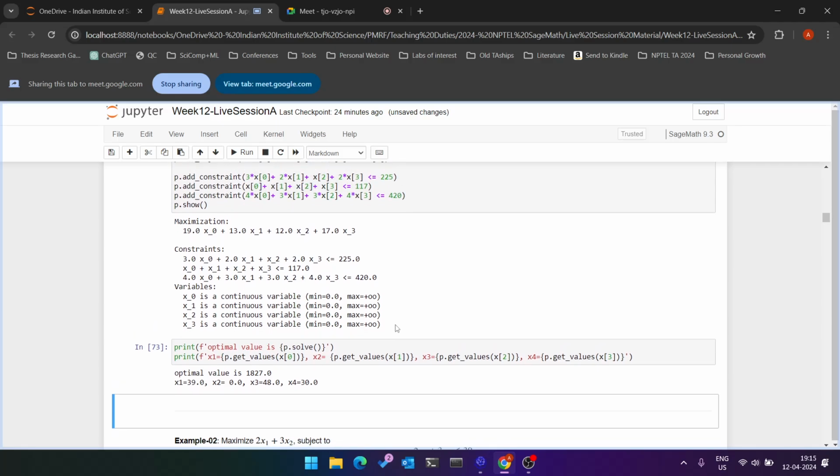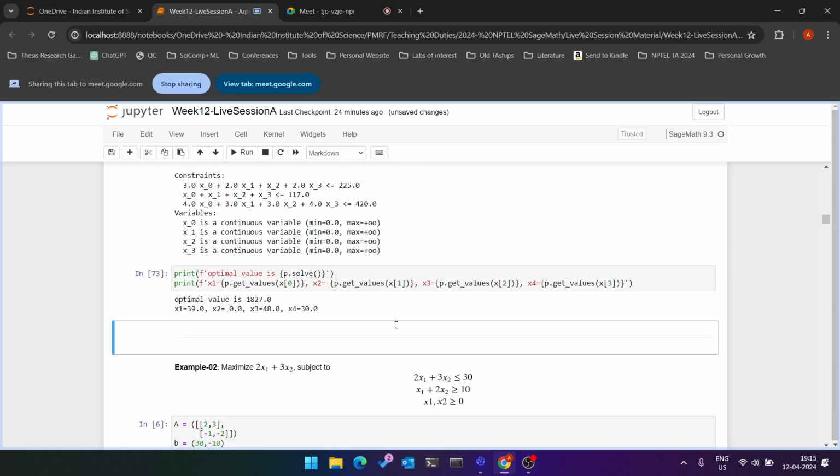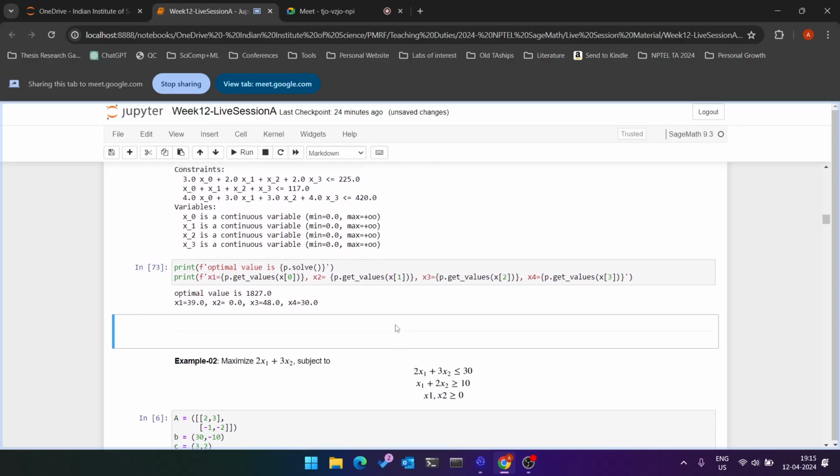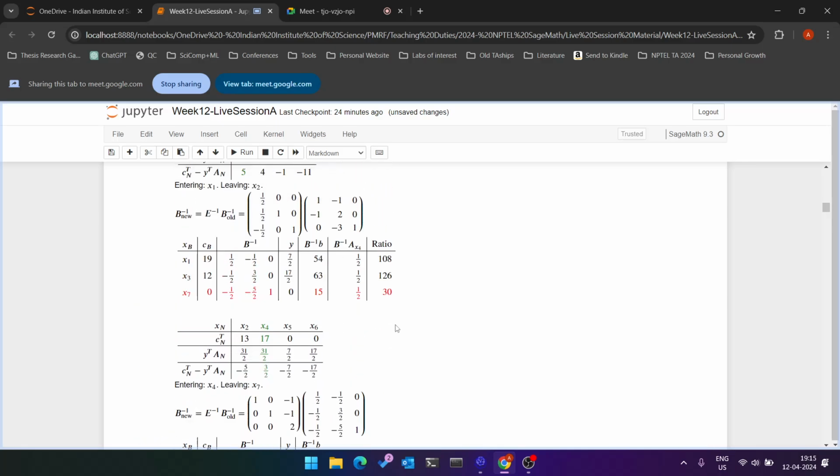So all three methods, same solution. The idea here is to just compare them and see how they work.